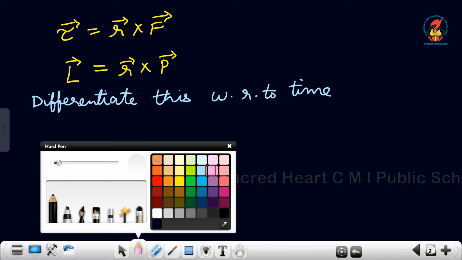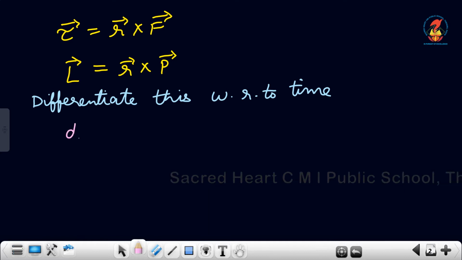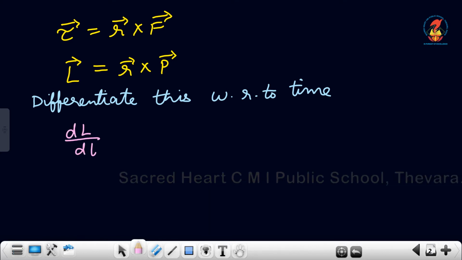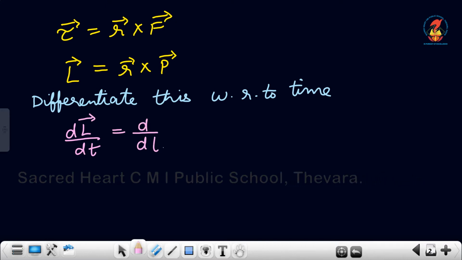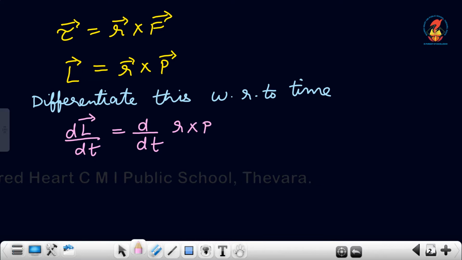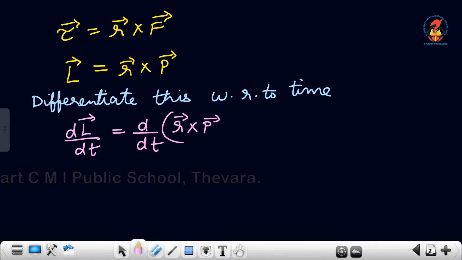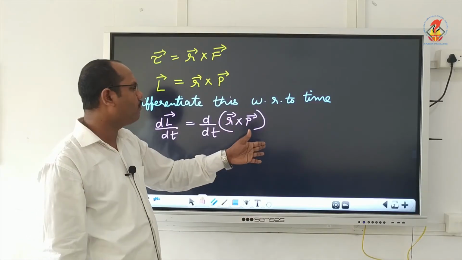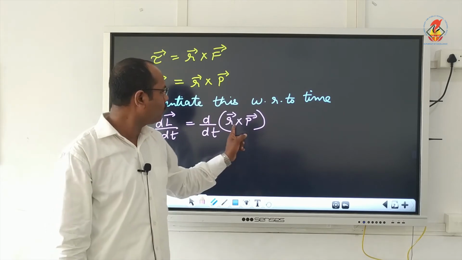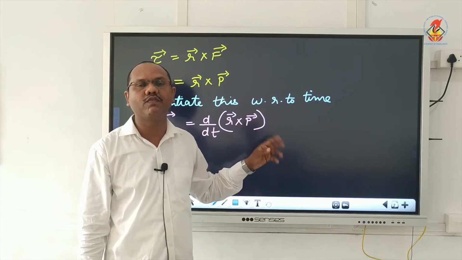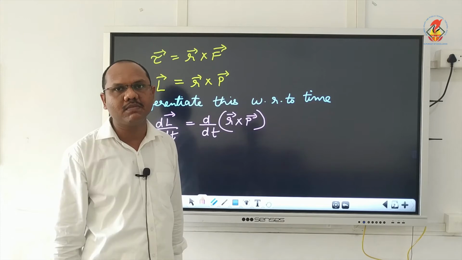So, what will you get when we differentiate? dL by dt is equal to d by dt of r cross p. These two are separate functions. r is the position vector and p is the linear momentum. Both of them are separate functions, so we have to differentiate them separately.